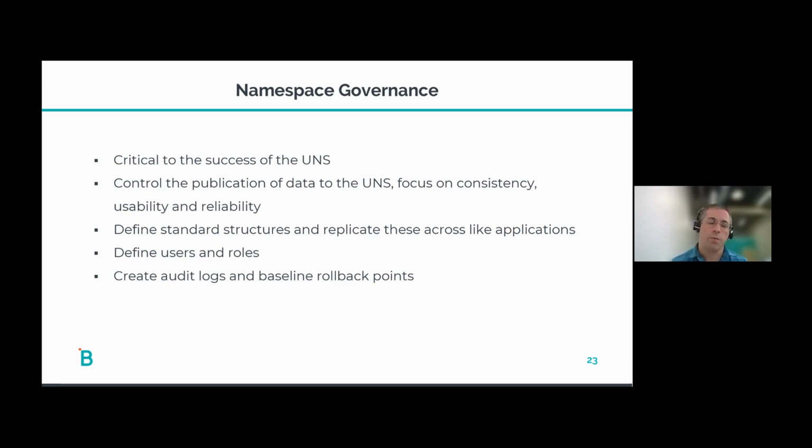Another key thing is who's able to make these changes. We need to identify who your team is, who the users are, and what roles they have. And from a system perspective, we have to make sure that we're able to log what changes are made, and then roll back to certain baseline points so that we can reset if inappropriate changes are made. Because we have to remember that our industrial environments are constantly changing.